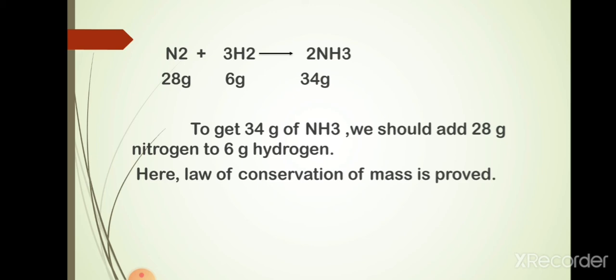That is, to get 34 grams of ammonia, we have to use 28 grams of nitrogen and 6 grams of hydrogen. So from this, we have a clear solution for preparing an amount of product and how much of the reactants should be combined. To get 34 grams of ammonia, we should add 28 grams of nitrogen to 6 grams of hydrogen.